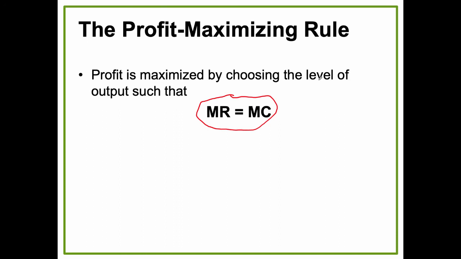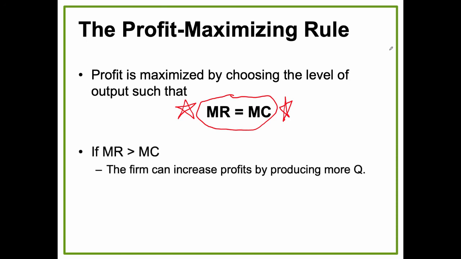If you think about what's the most important thing in microeconomics, this might be it. When a firm wants to maximize profits, what it needs to do is find the output level where the marginal revenue, the additional revenue from production, equals the marginal cost. This is what's called the profit maximizing rule.